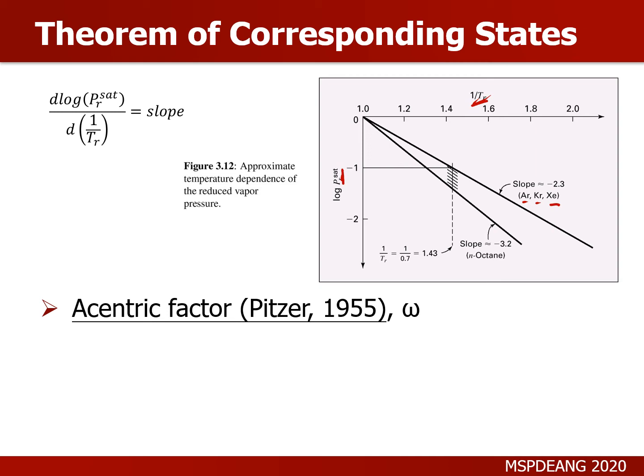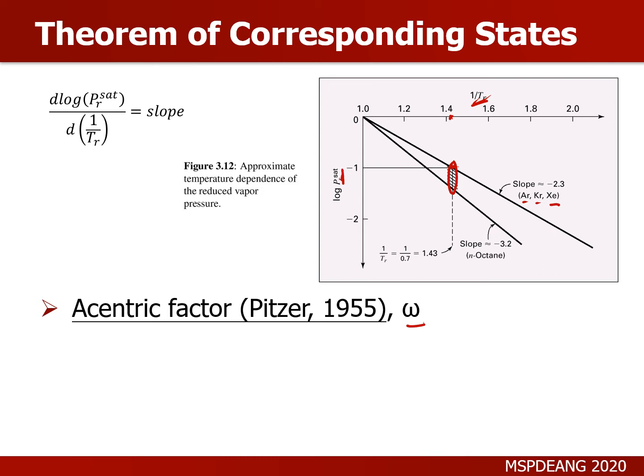Okay? And with this, Pitzer defined a new property known as our eccentric factor or omega. Okay? And omega is simply the difference, okay, between this point. Okay? So kung ito yung point for argon, krypton, and xenon, evaluated at this reduced temperature, yung value ni log PRSat, okay, is negative 1 at this reduced temperature.